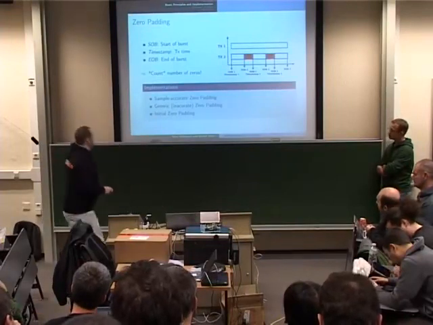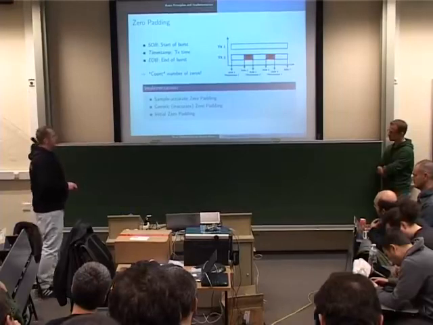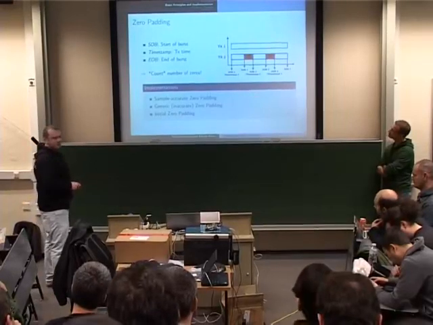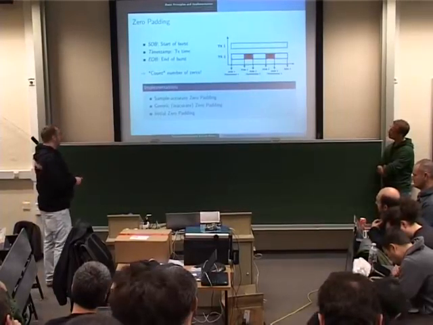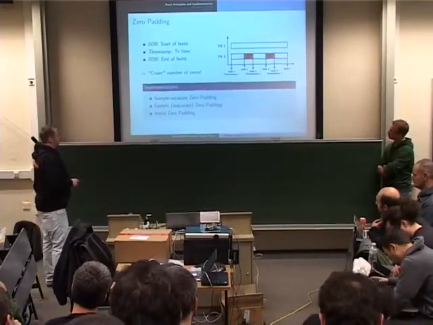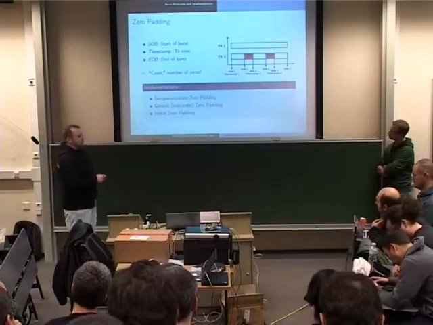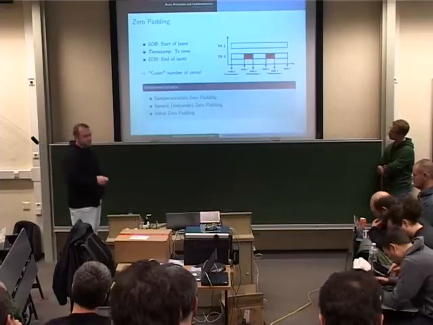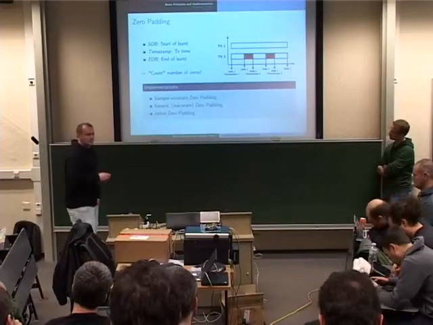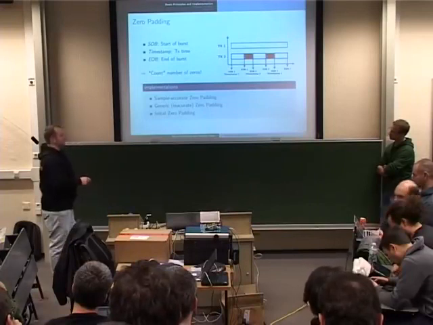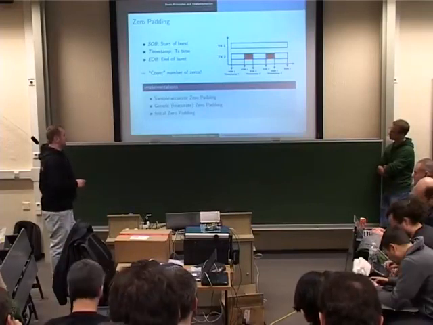So we have implemented three versions. It's the sample accurate zero padding, which I just explained, and generic inaccurate zero padding. What this does is it simply waits, and if there's nothing on the input of the work function, it produces noise.